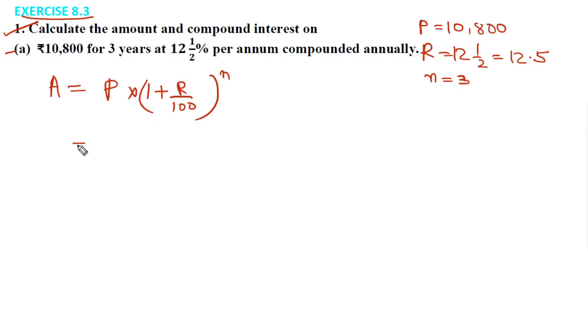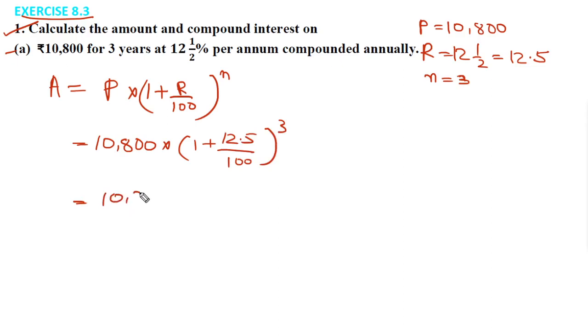So which will be equal to P is your 10,800 into 1 plus R is your 12.5 by 100 to the power n is your 3, which will be equal to 10,800 into 1 plus 12.5 by 100, which will be equal to 112.5 by 100 to the power 3.